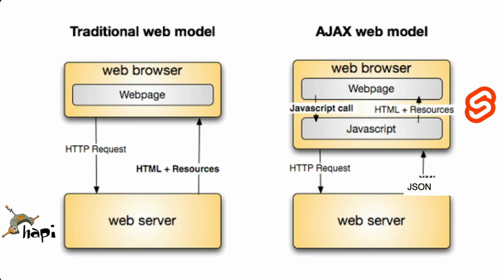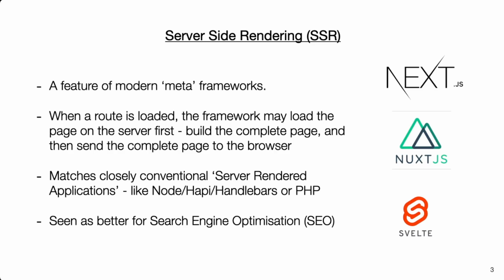That's the traditional view. Now, server-side rendering is another take on server rendering, but bringing to bear some of the power of front-end frameworks as well. Now, the three main frameworks, or three of the main frameworks currently, are React, Vue, and Svelte.